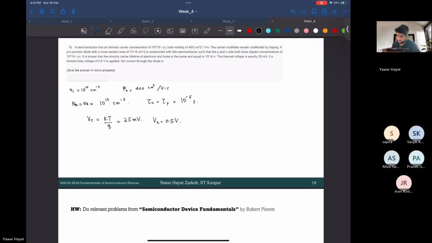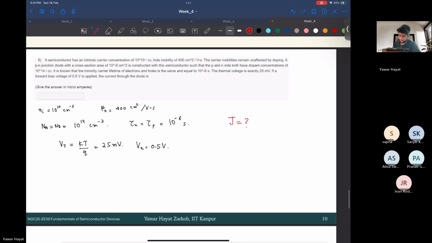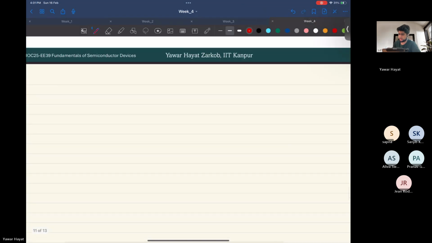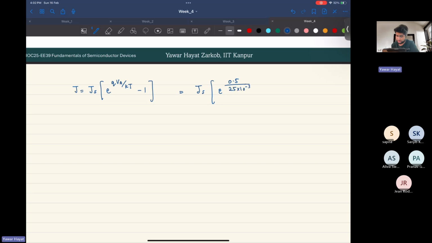I have been asked to find J. Your J is Js exponential of qVa by kT minus 1, and that is equal to Js exponential of 0.5 by 25 times 10 to the power minus 3, minus 1.